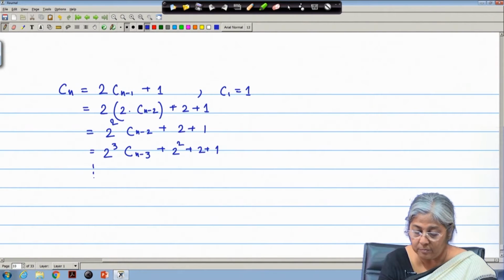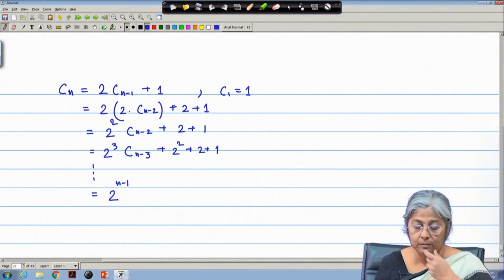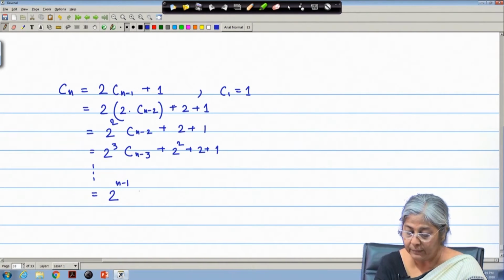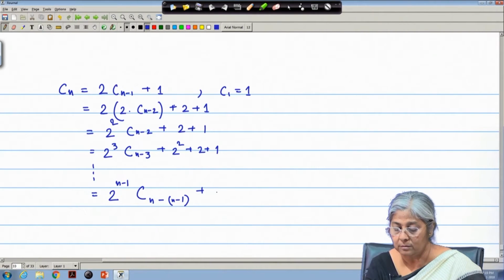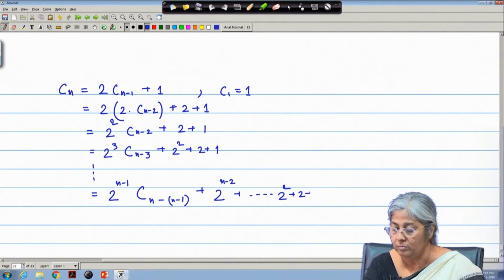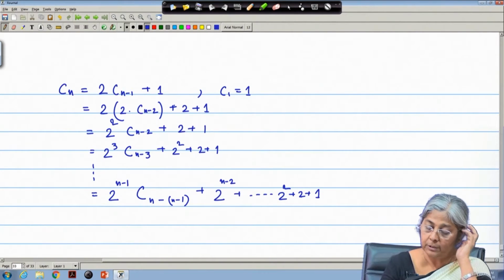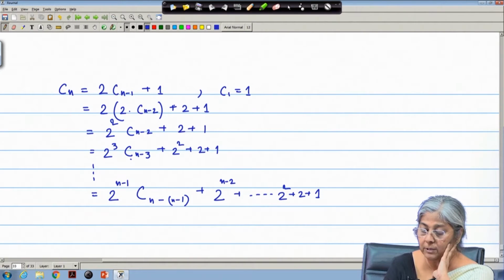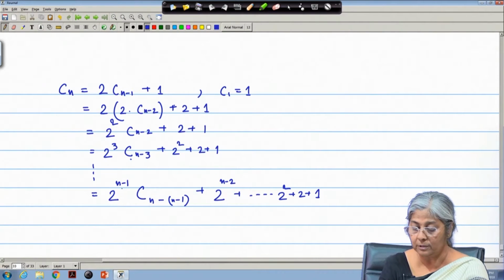In this way if we proceed, then we will get 2 to the power n minus 1 Cn minus 1 plus 2 to the power n minus 2 plus 2 square plus 2 plus 1, because when we get 2 cube it is Cn minus 3 and it is 2 square, so I am putting it as n minus 1.